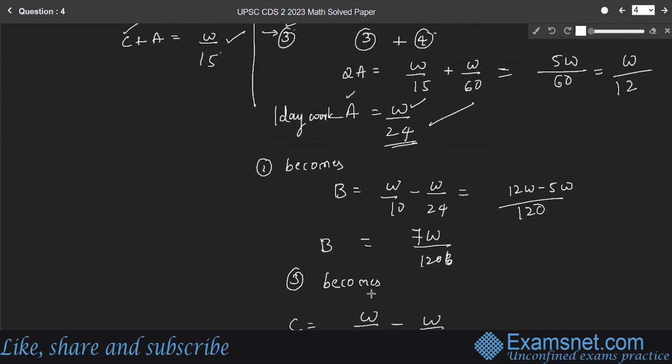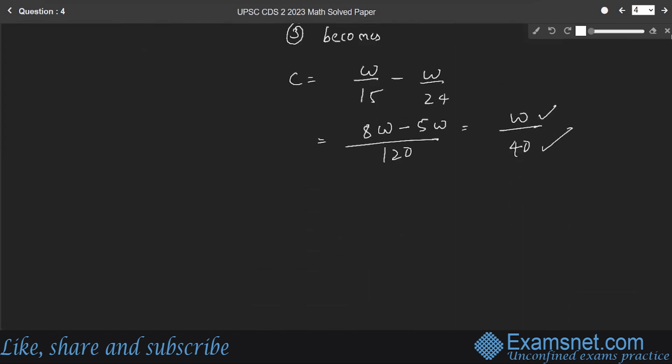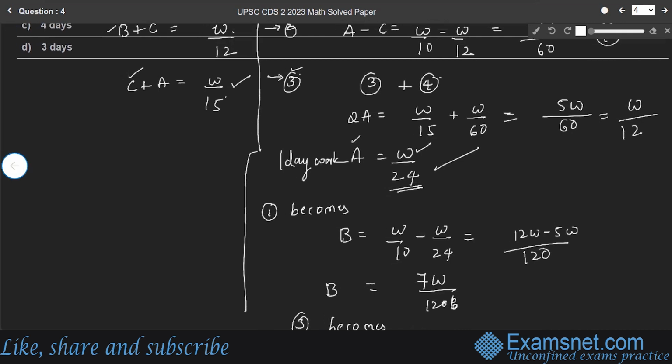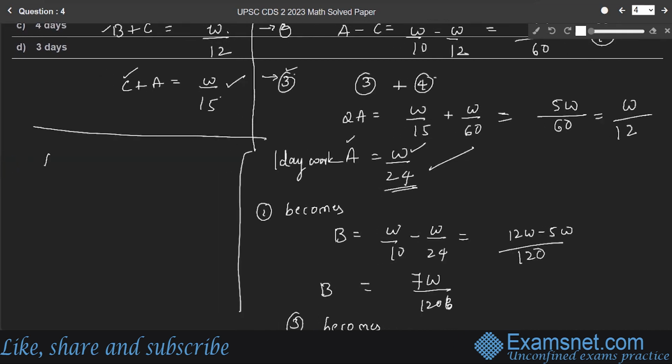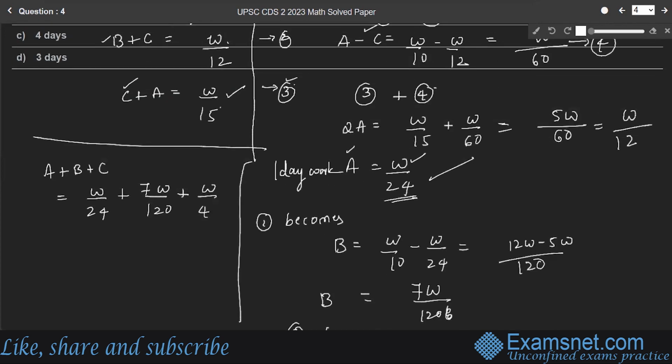So here we know the values of A, B and C, that means their 1 day work. If they start working together, we have to take A plus B plus C. So A plus B plus C becomes A is W by 24 plus B is 7W by 120 and C is W by 40. Again, LCM is 120, and 24 into 5 is 120.